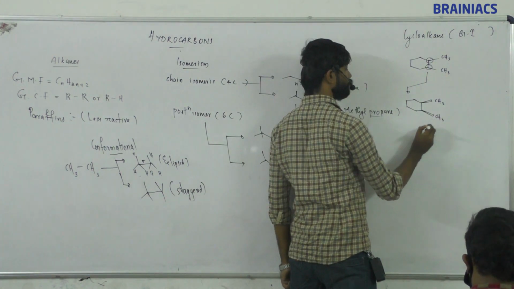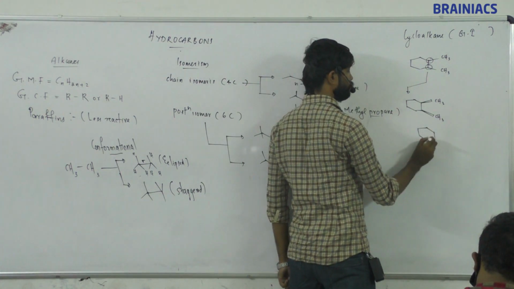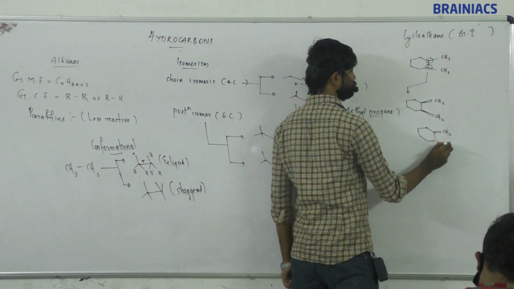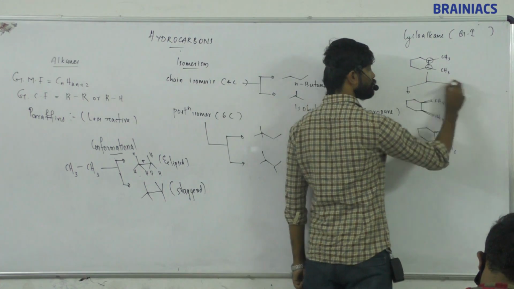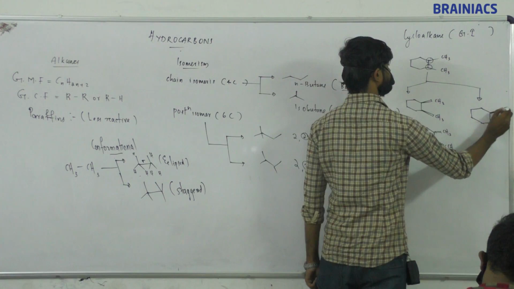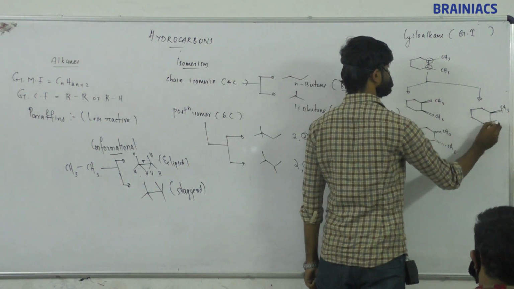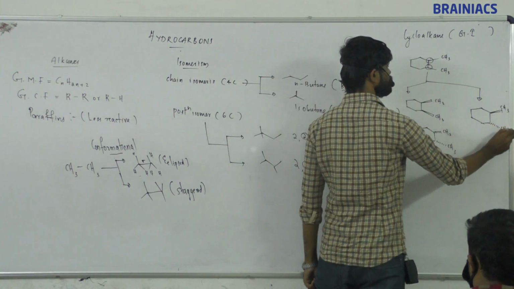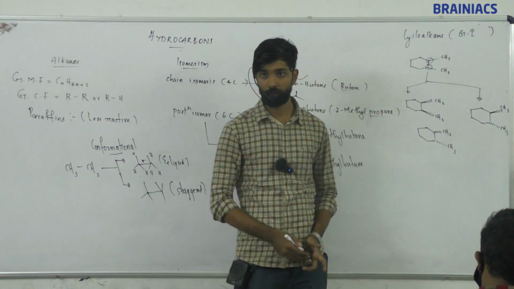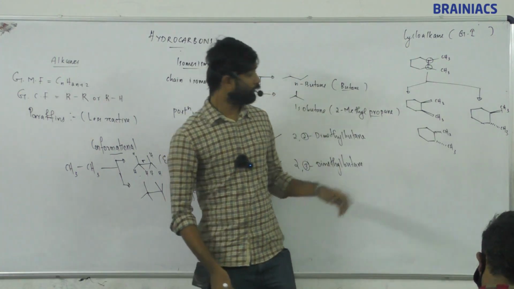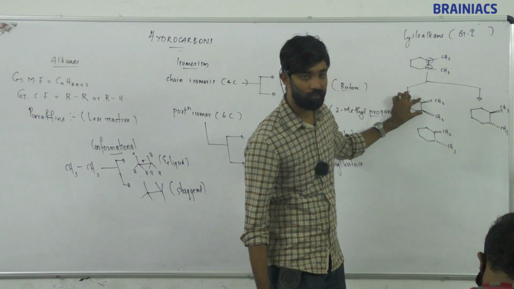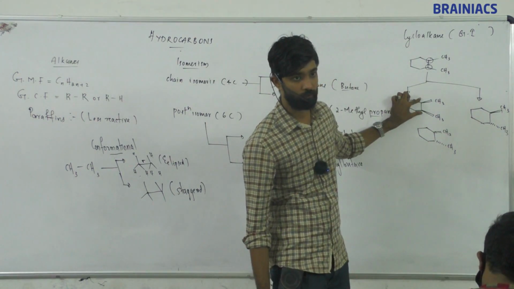This is a stereo arrangement of dimethyl cyclohexane, with CH3. What is the difference? This is a rotation restricted center. If there is any change in the stereo arrangement across this restricted center, it is said to be geometrical isomerism.